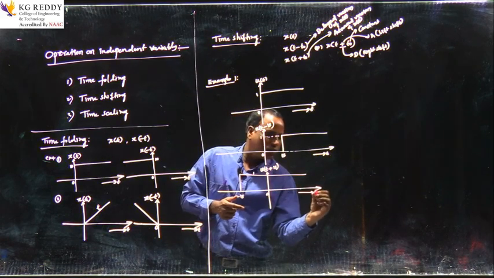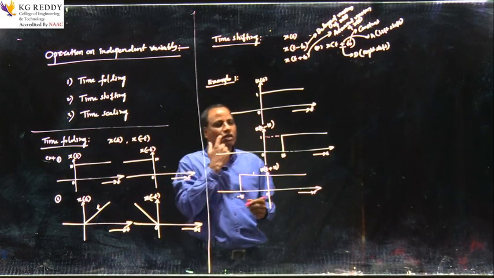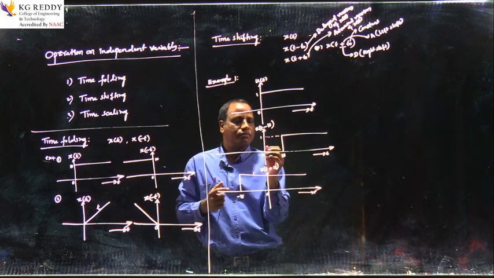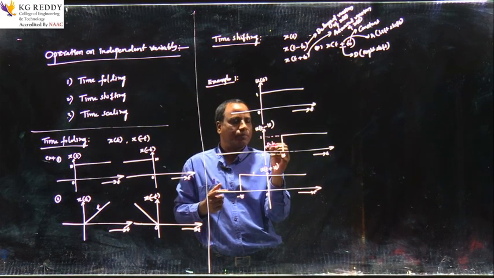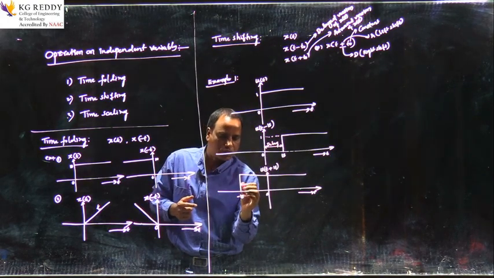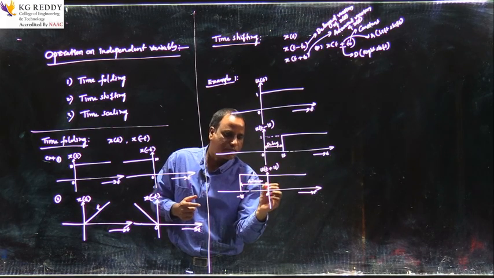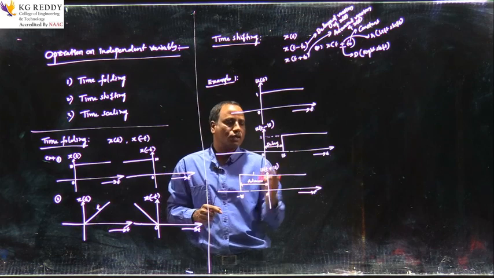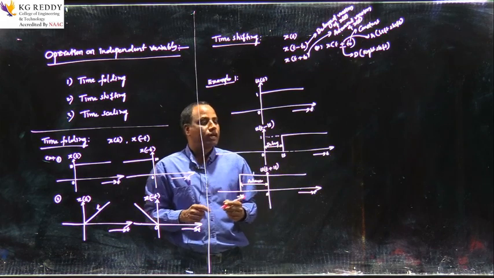This is the amount of time we call delay, and this is the amount of time we call advance. It is advanced by 15 seconds, whereas this one is delayed by 15 seconds.